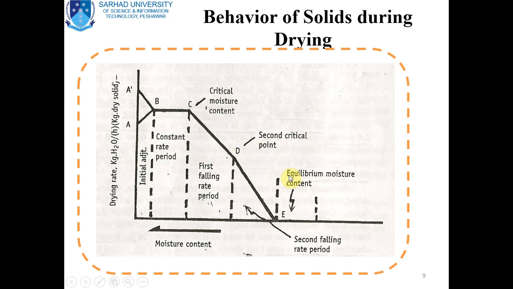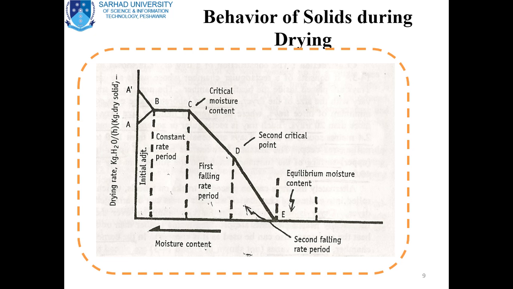Recalling from the previous week's lecture, where I told you about the equilibrium moisture content: if the material moisture becomes equal to the environmental moisture, neither does the material gain moisture nor is moisture given to the environment, and that is termed the equilibrium moisture content, abbreviated as EMC.